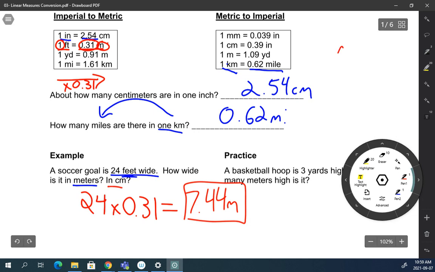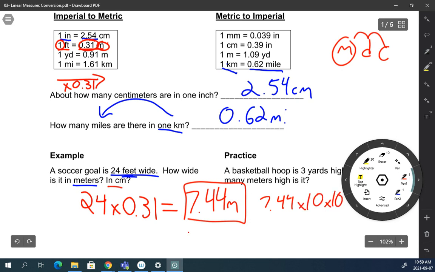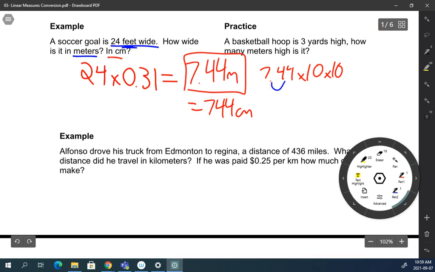To go from meters down to centimeters is 2 steps, so we times by 10 times by 10. 7.44 times 10 times 10 gives you 744 centimeters. It's the same thing as moving the decimal 2 spots. So there's a practice question there.